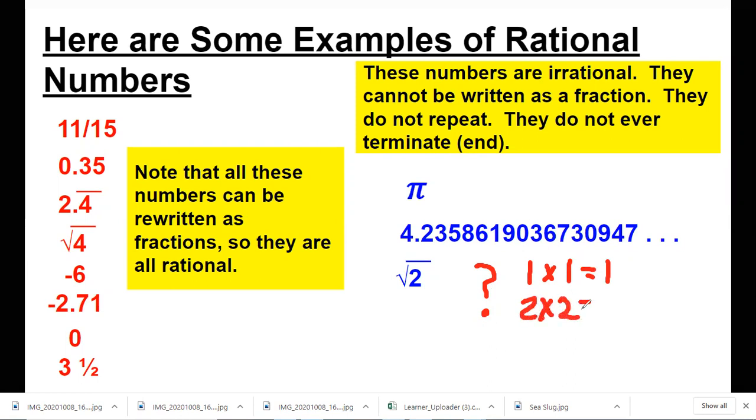So then you start saying, well, maybe it's between 1 and 2. So then you try 1.5 times 1.5. And what do you get? 1.5 times 1.5 should be 2.25. Yep, that gives you 2.25. That's closer, but it's still not 2.